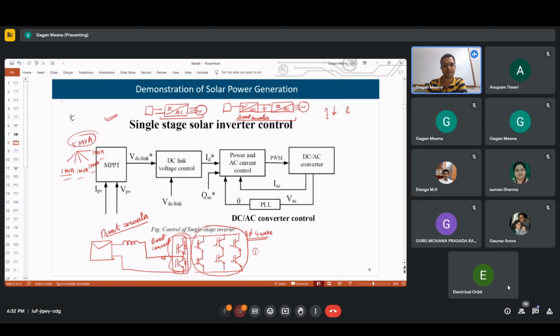So all this control is happening in the DQ frame of reference. We have three frames of reference. One is the phase domain, ABC. Then we have the alpha beta 0 frame of reference, and then the DQ0 frame of reference.